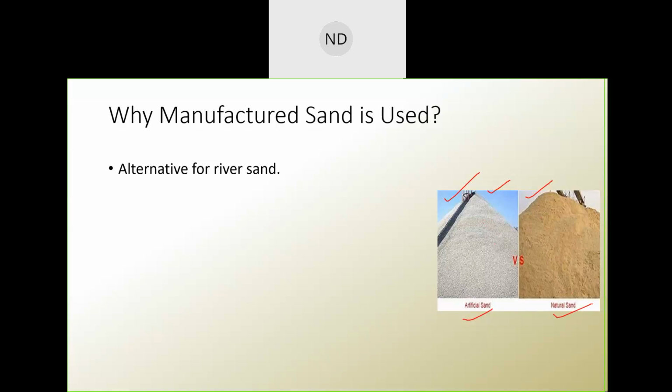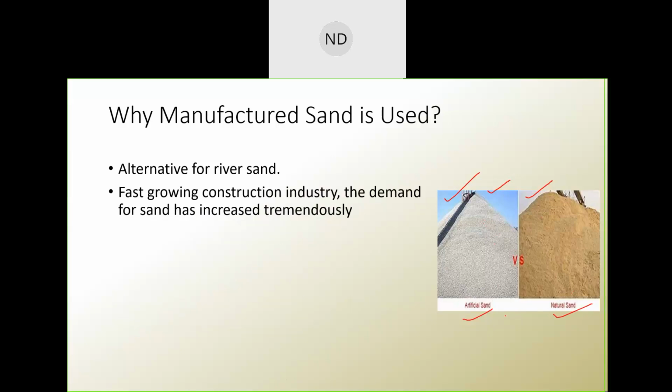Due to the fast growing construction industry, the demand for sand has increased tremendously, and sometimes it is not possible for companies to provide so much natural sand. Natural sand is getting reduced.